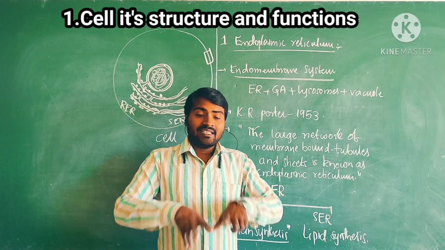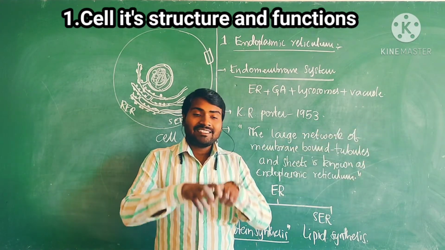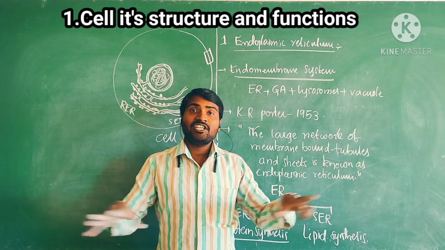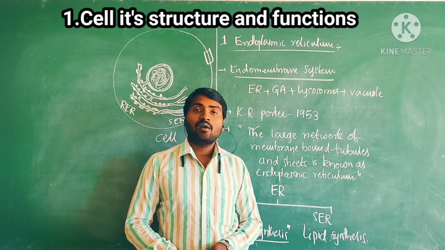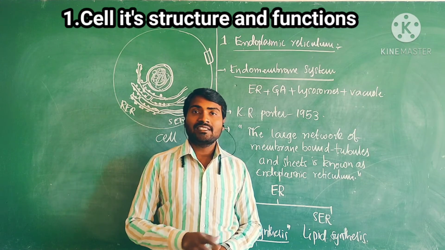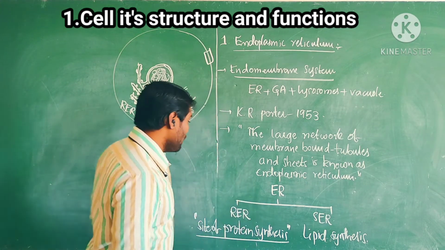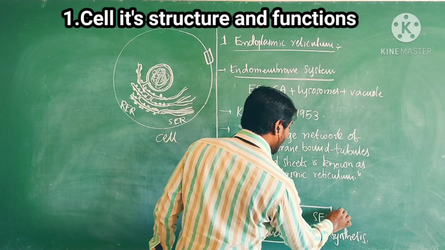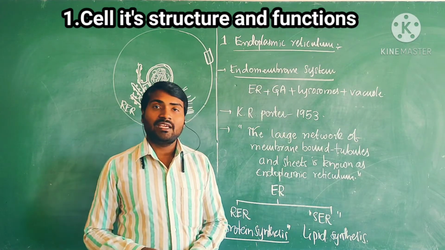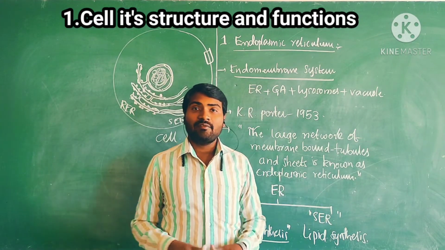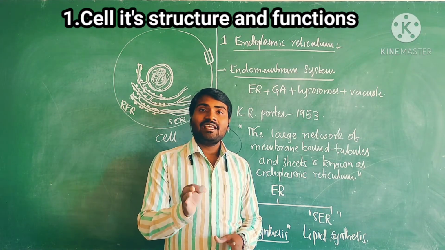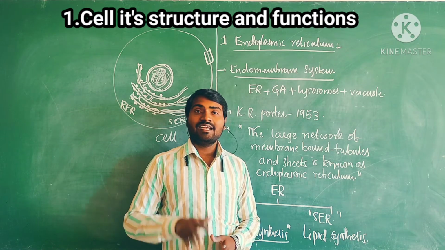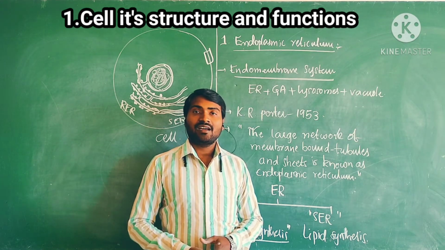That is why the endoplasmic reticulum makes a network of tubules and sheets over the cell, which helps in the transport of these materials, especially proteins and lipids. And one more important function: the smooth endoplasmic reticulum provides a framework for many biological activities, especially in vertebrate liver cells, where it detoxifies toxins.